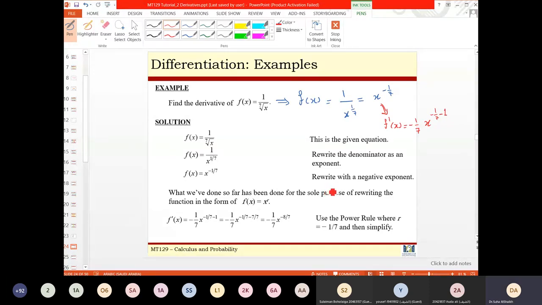Correct? Isn't this the rule? I will go back to that example, Farah. Let me just finish this. I saw your question. So minus 1 over 7 minus 1: the minus 1 is nothing but minus 7 over 7, so we subtract. So this will be minus 1 over 7, x to the power minus 8 over 7, and this is the derivative.